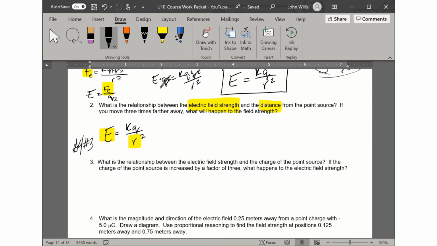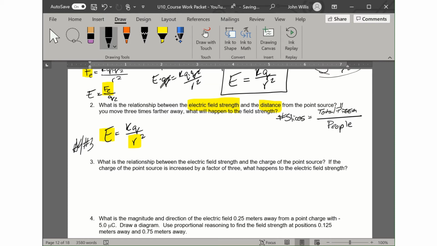The analogy I made was, because E's, K's, Q's, and R's don't mean anything to most of us, right? The comparison I like to make is that the number of slices you're going to get is equal to the total amount of pizza that was made divided by the number of people in your home who are going to eat that pizza, right?